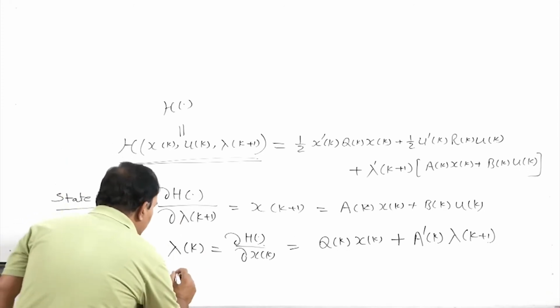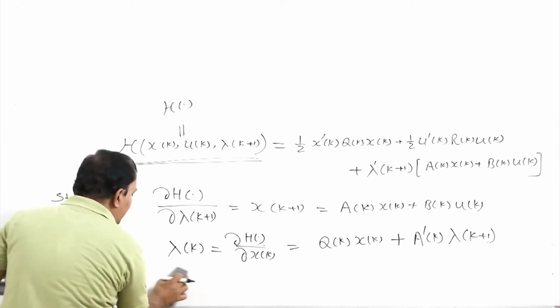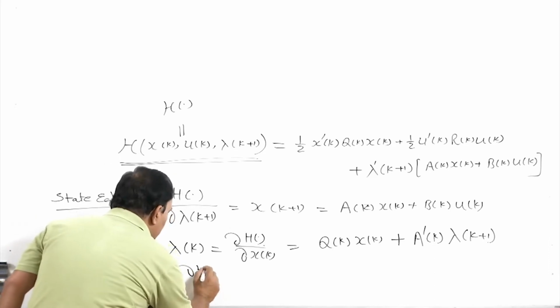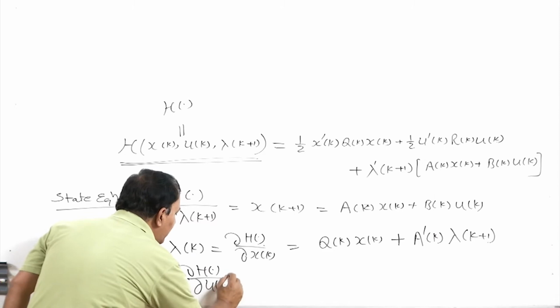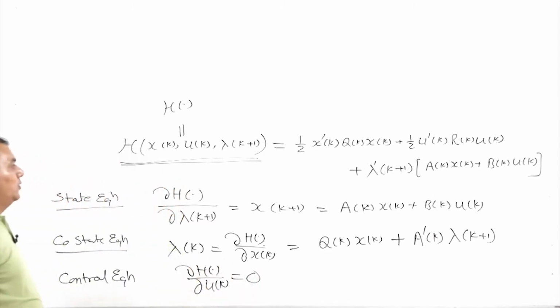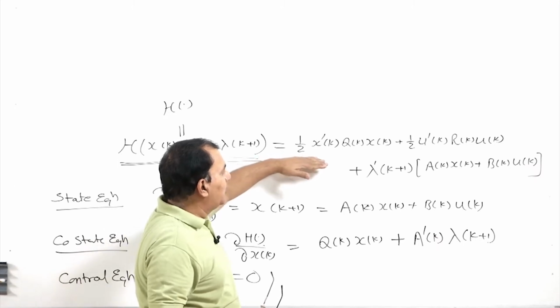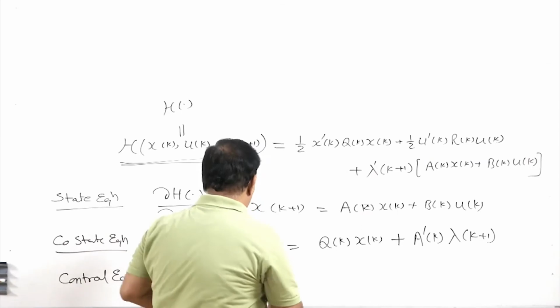And the third is my control equation, which is del H by del u of k equal to 0. So, this means I have to differentiate this with respect to u k.